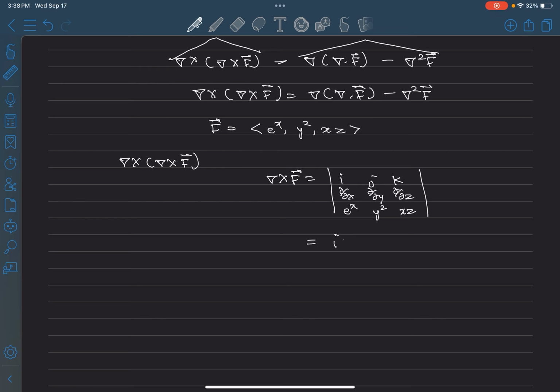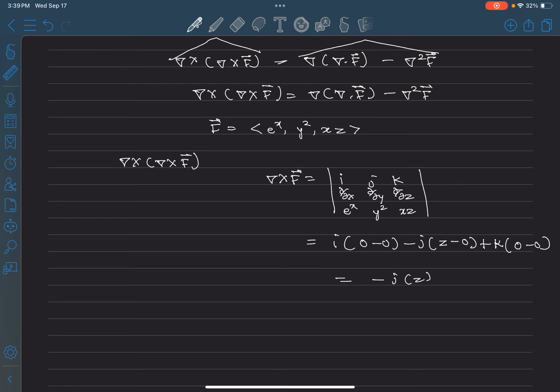So this becomes i times 0, minus j times z, and then plus k times 0 minus 0. So that says minus z j vector.